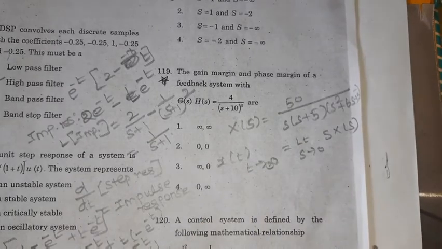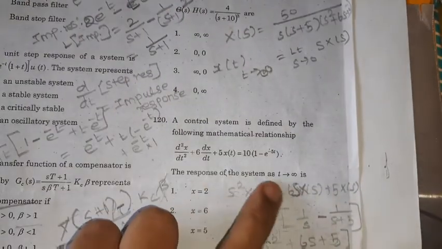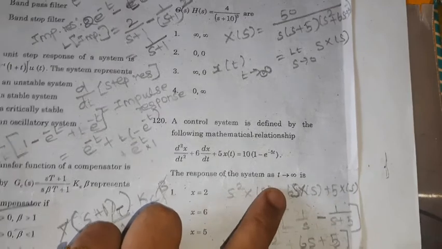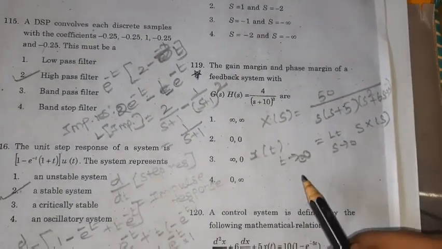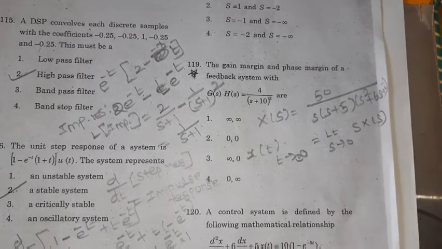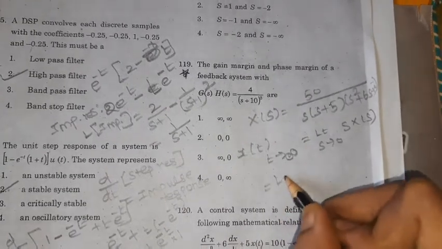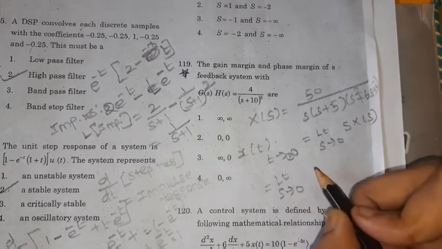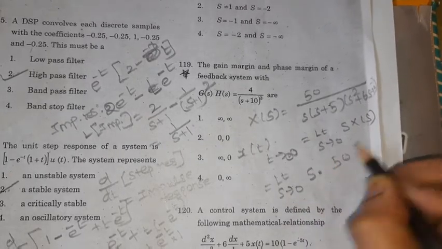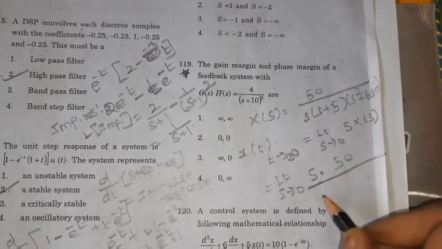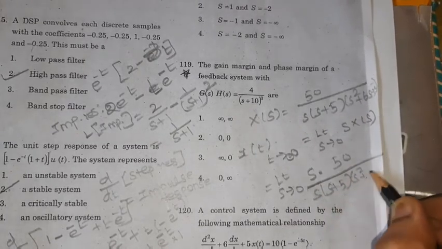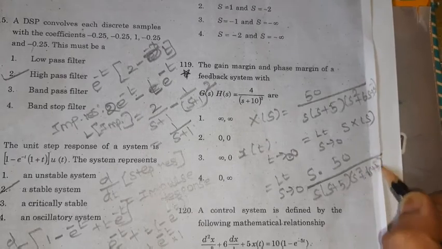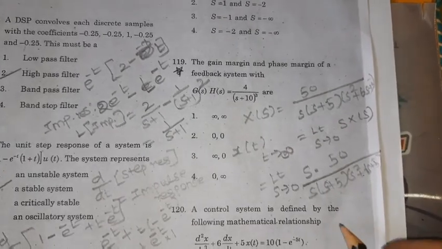So they are asking for the response of the system at t tends to infinity. Limit s tends to 0 of s into 50 divided by s into s plus 5 into s squared plus 6s plus 5.